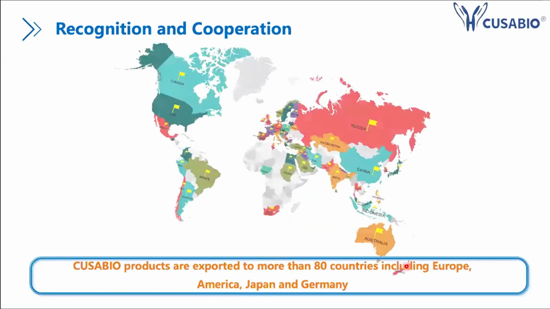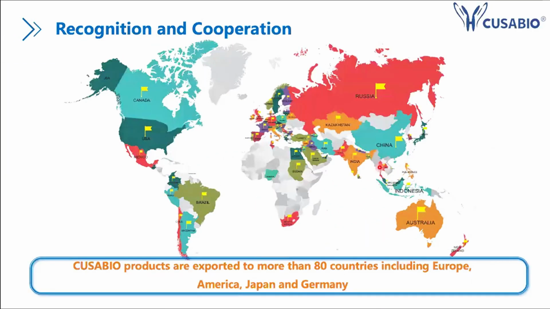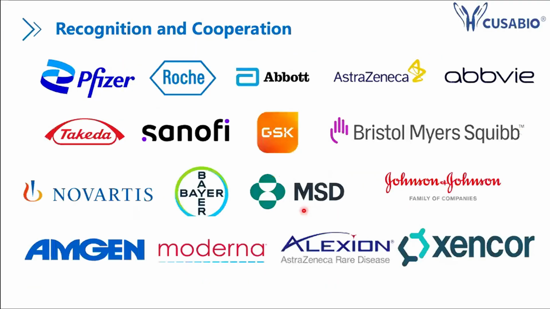And also, our product has been exported to more than 80 countries, including the Europe, American, Japan, and Germany. Besides that, we have a very good cooperation with famous companies, and our product has been recognized by them. So famous companies like the Pfizer, Moderna, Zinker, Johnson & Johnson. So yeah, as you see, we have a very good relationship.